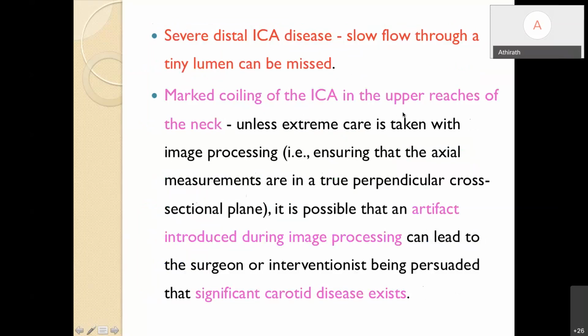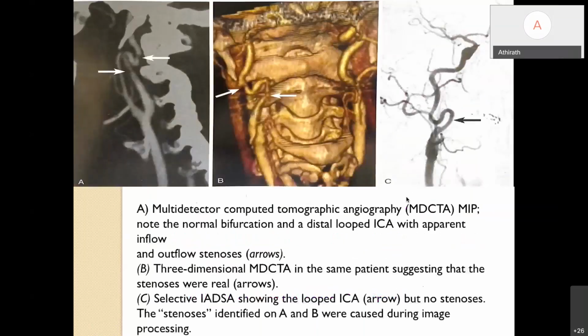The problem is that whenever you are interpreting an image on CT or MRI, an artifact is introduced during image processing, which misinterprets that the patient has significant carotid disease, which is actually not the case. This image will tell you clearly. This is a CT MIP image, which shows a normal bifurcation and a distal looped ICA with inflow and outflow stenosis, shown by the arrows.